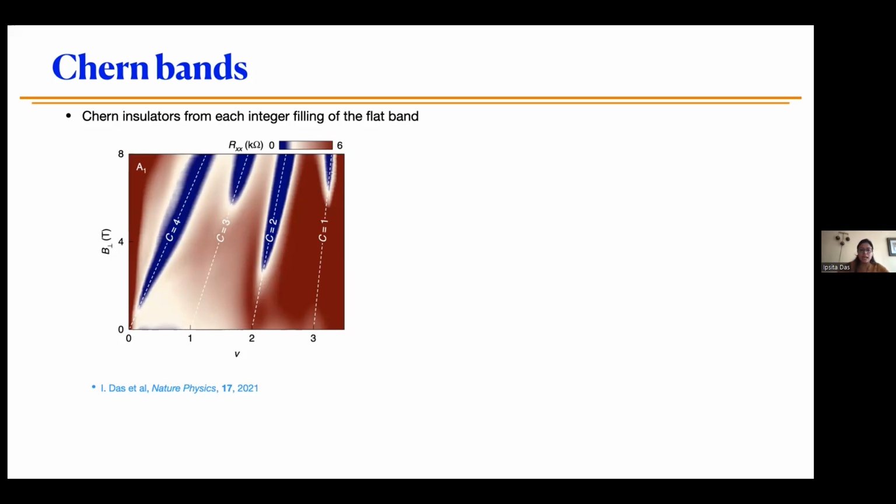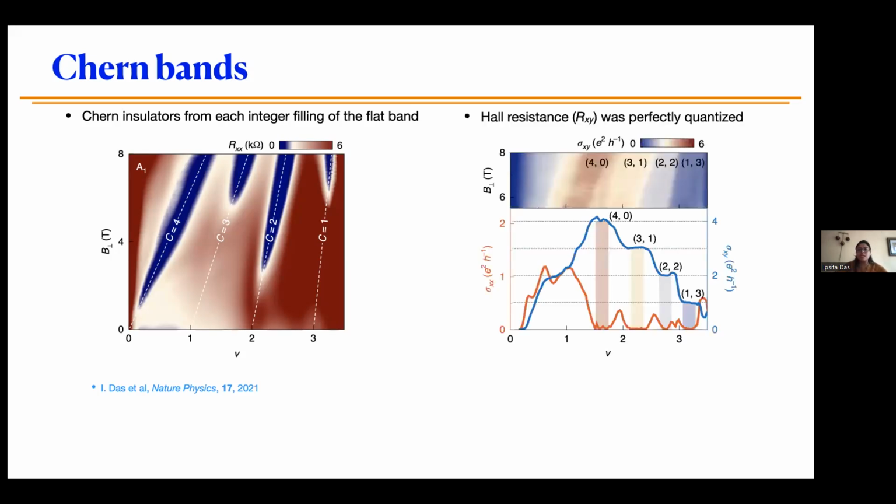So at a certain magnetic field, from each of the filling factors, I have different Chern insulators. So how do I make sure that they are Chern insulators? If I measure the Hall resistance at this particular magnetic field and carrier density, then for each of the Chern insulators, I have a very quantized Hall resistance at that particular carrier density.